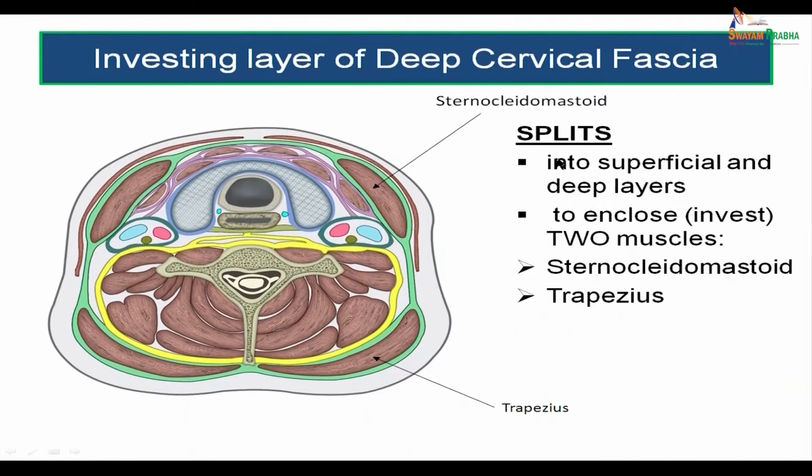This fascia splits into two layers at various regions, a superficial layer and a deep layer, and it encloses muscles. When it splits, it encloses two muscles. The muscle posteriorly which it is enclosing is the trapezius muscle, and the muscle which it is enclosing anteriorly is the sternocleidomastoid muscle.